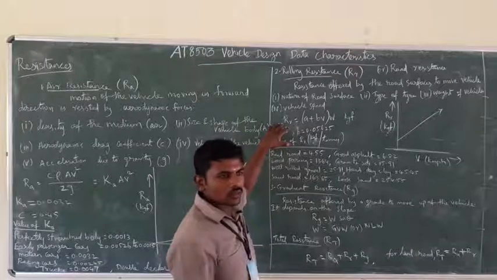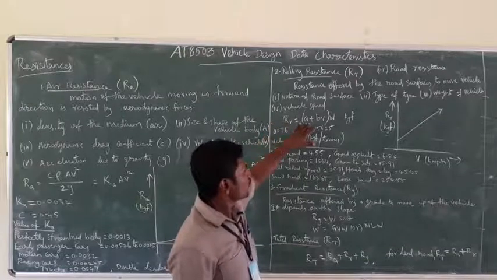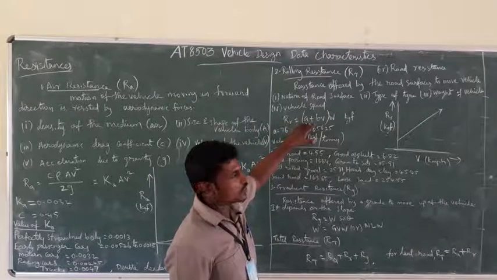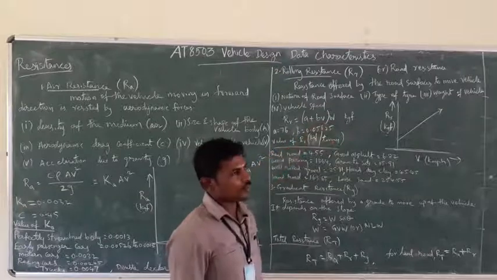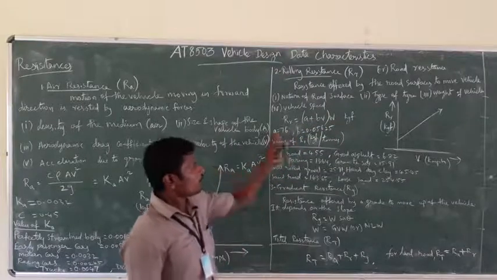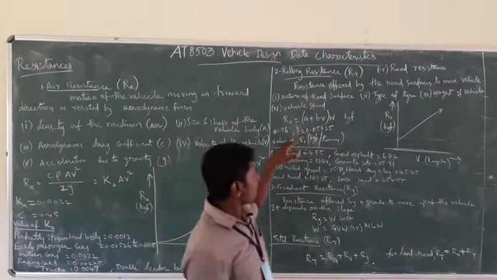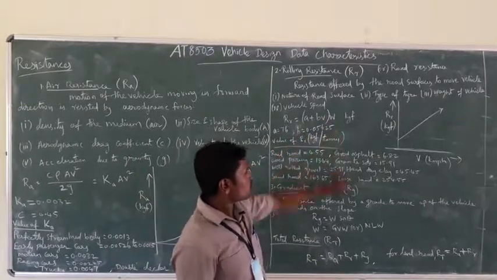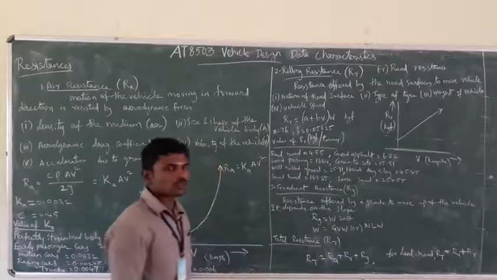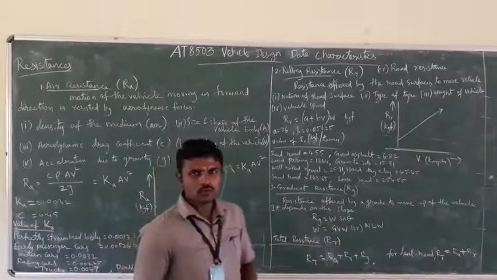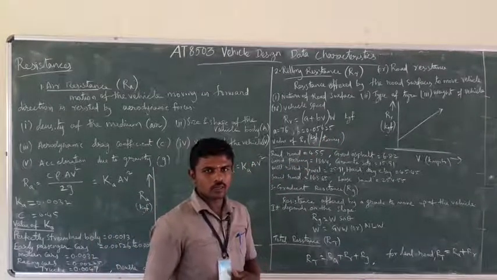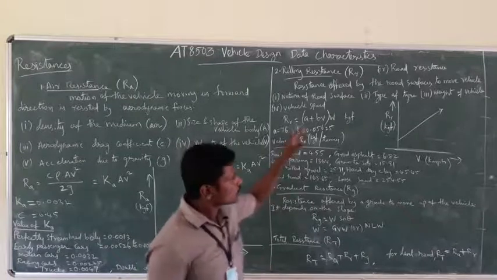For finding the road resistance value, we need to substitute this equation: A plus BV, multiplied by W. A and B are constant values. And what is W? W is the gross weight or normal weight of the vehicle, right?